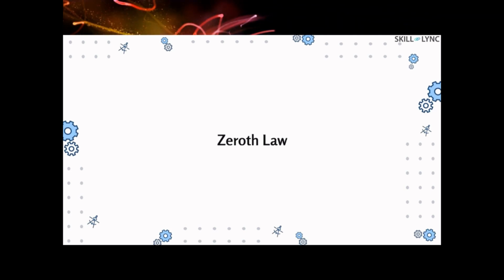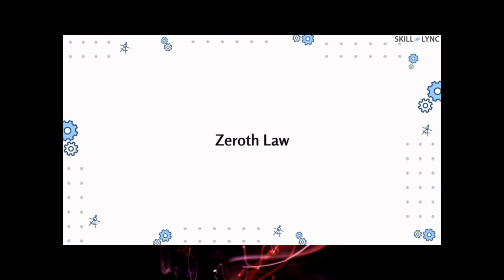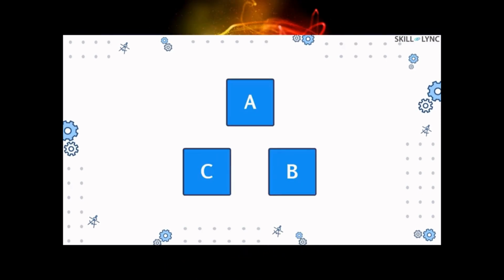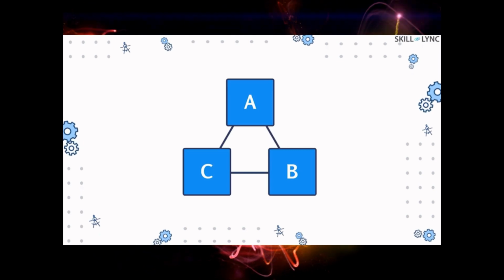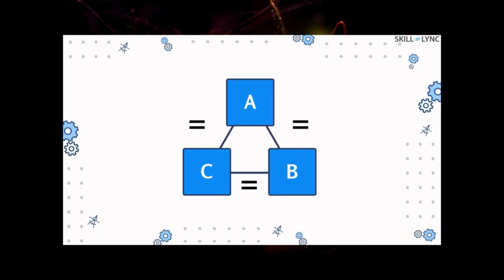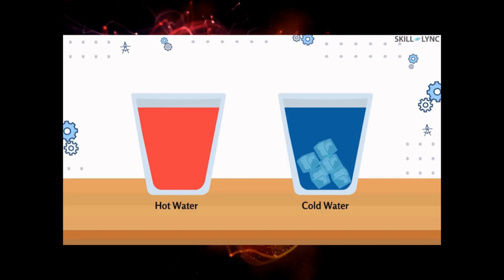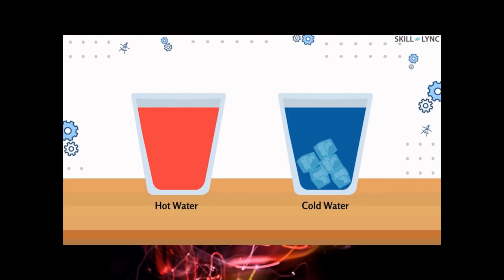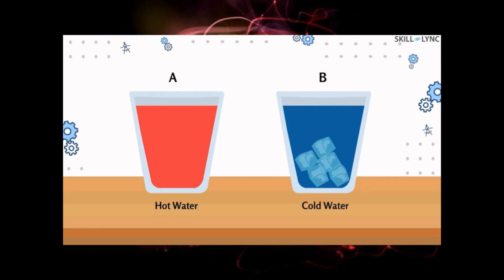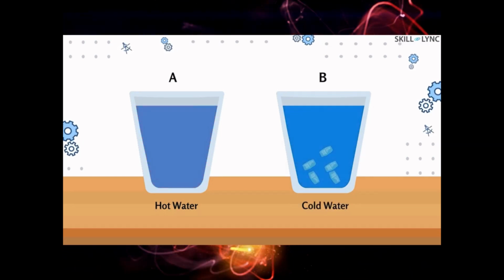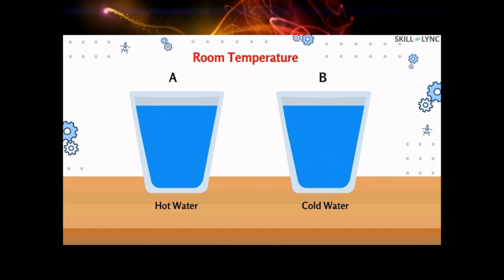According to the zeroth law, if the temperature of the two systems is equal to the temperature of the third system, then they are equal in temperature with each other. This can be understood using this example. Two glasses of water. Glass A contains hot water while glass B contains cold water. If we leave these two glasses on the table for some time, during this time, the temperature of the hot water falls to the same as the room temperature.